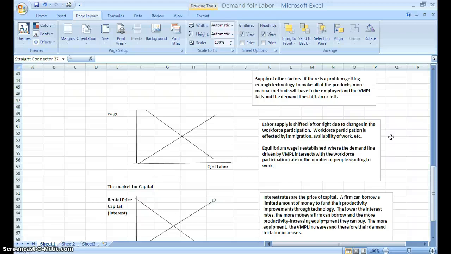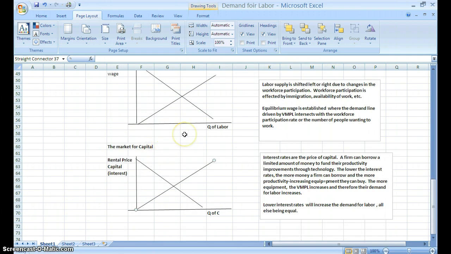But anyway, the workforce participation rate determines what the supply of labor is. The equilibrium wage, then, is going to be this average demand of all the firms in the country looking for workers, intersecting with the number of workers that are wanting to work. And you'll end up with an equilibrium wage for workers.